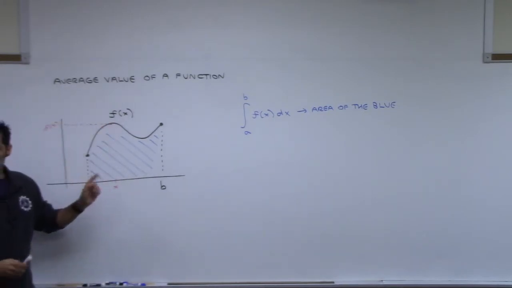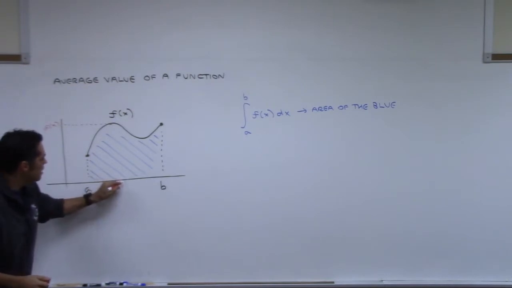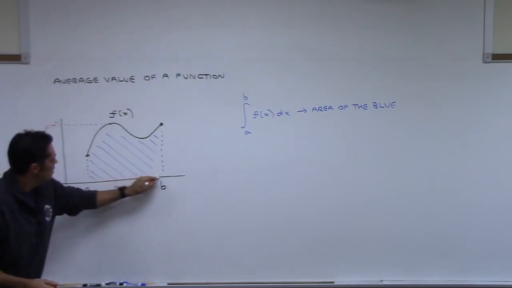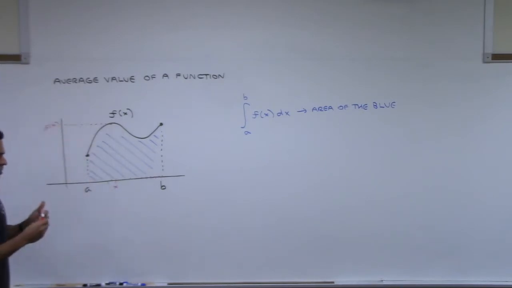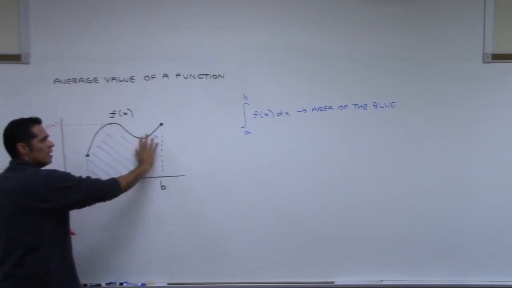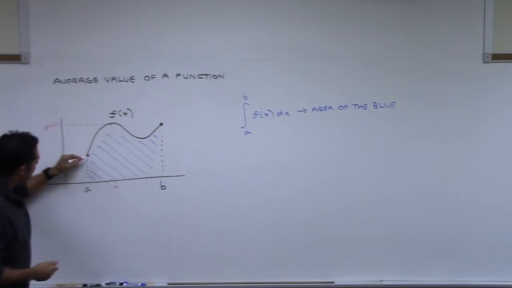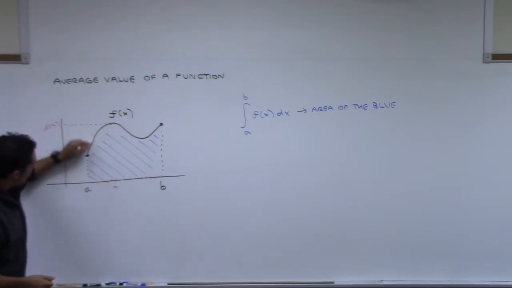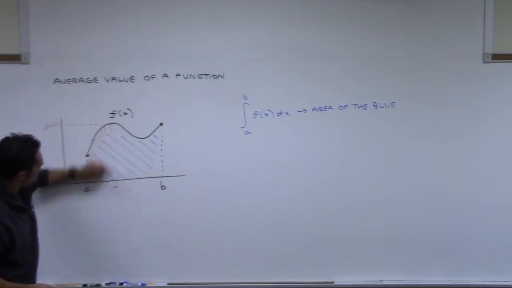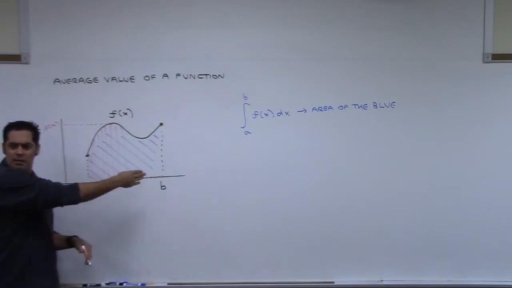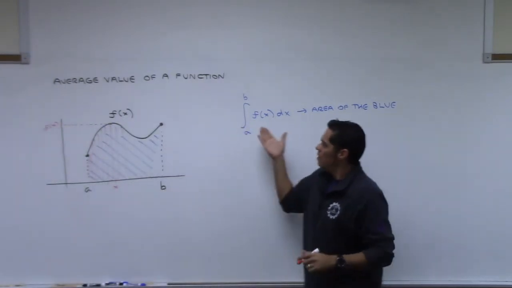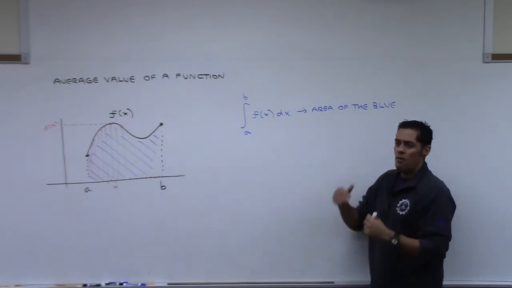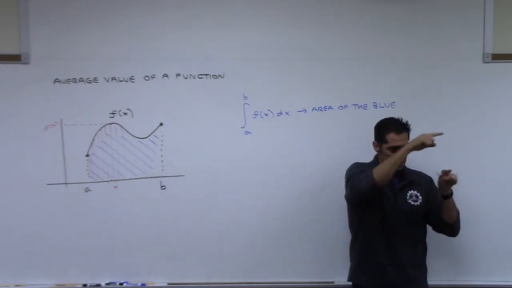Agreed? And I could do that for every point in here. Every point in here, I could find the height. And so the area is basically adding up all the heights through the whole thing. Do y'all get that? So this really represents the sum of all of the heights of the function.